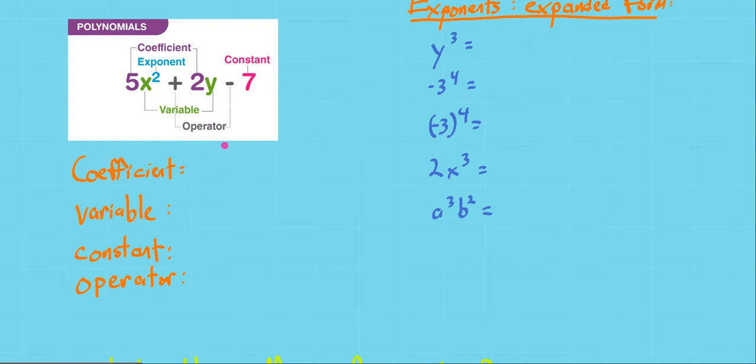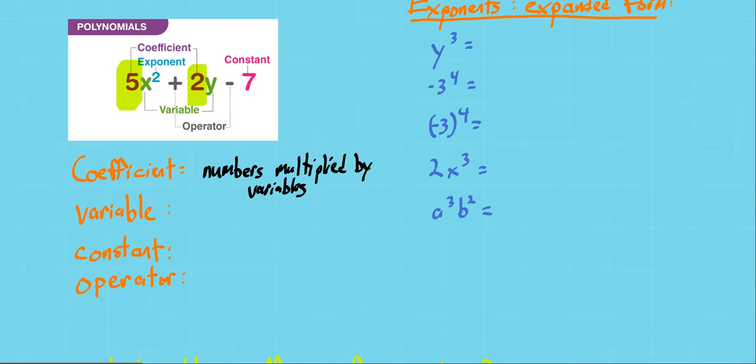Coefficients are numbers that are multiplied by variables. So this 5 here and this 2 here are coefficients.